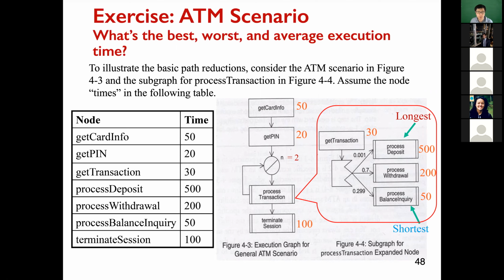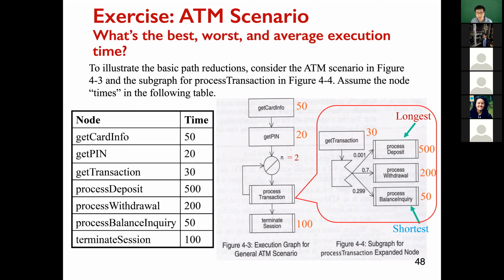We also add the get card information time of 50 and the get PIN time of 20, and for the process transaction case we need to multiply it by 2, because this process transaction node is repeated 2 times. Then we add 100 for terminate session.